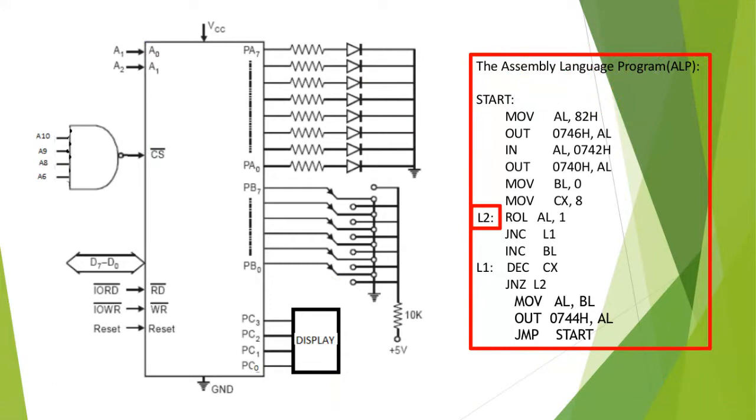So then .model small and .code. These are the common things, right? So it's not written here.